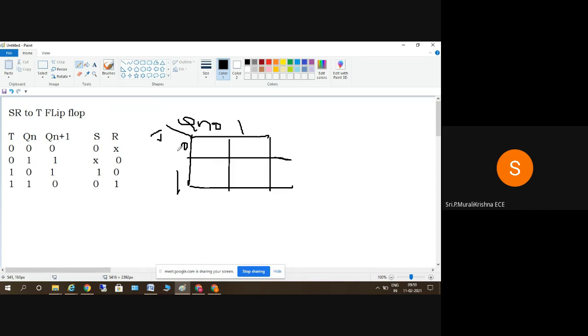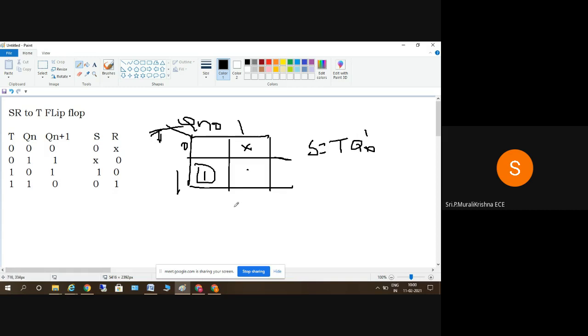This is the values of this one. S is 0, don't care, so 1, 0. So there is a single value. What is the single value here? S is equal to T Q bar of n.